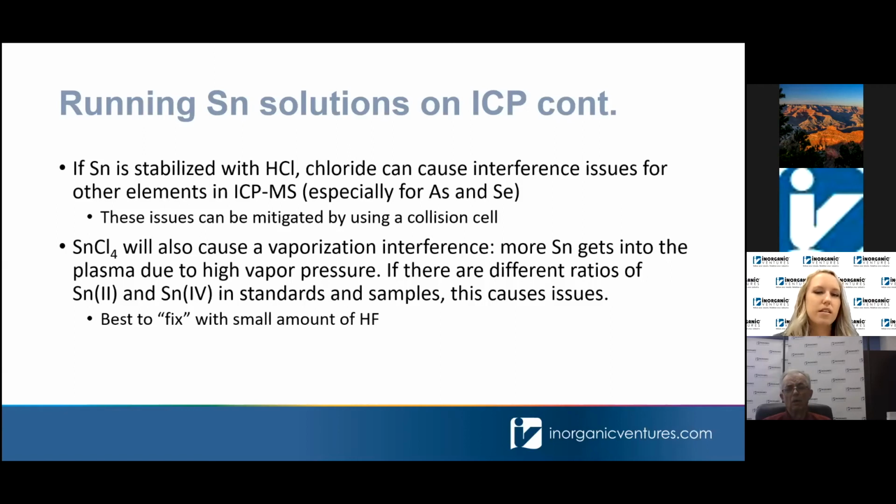So you're going to see a lower result if you have less tin-4 and more tin-2. The best option to eliminate this, again, is to fix with a small amount of HF to make sure that you're not seeing those issues in the instrument.